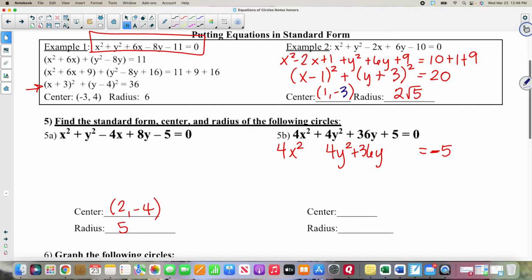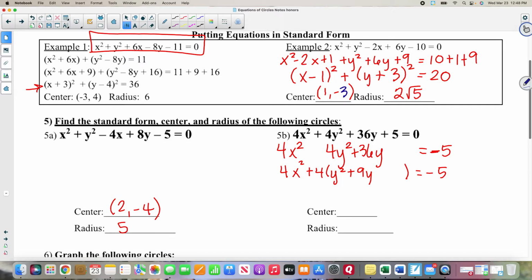He's just going to hang out over here while we deal with the y's. So you are going to take out a 4, but you're only going to take it out of this guy, and I want you to leave a space to complete the square. You're only taking out the GCF of the y and leaving a space to complete the square.